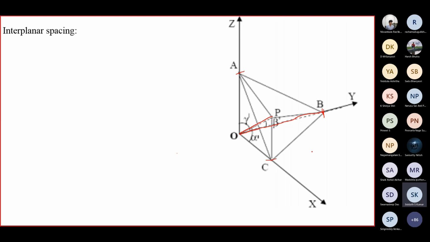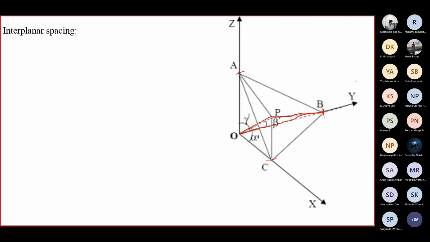Beta, very good. And from P, I am connecting back to B. This is a right angle triangle. Do you agree? OP being perpendicular to the plane, this is a right angle triangle. Beta is the angle.